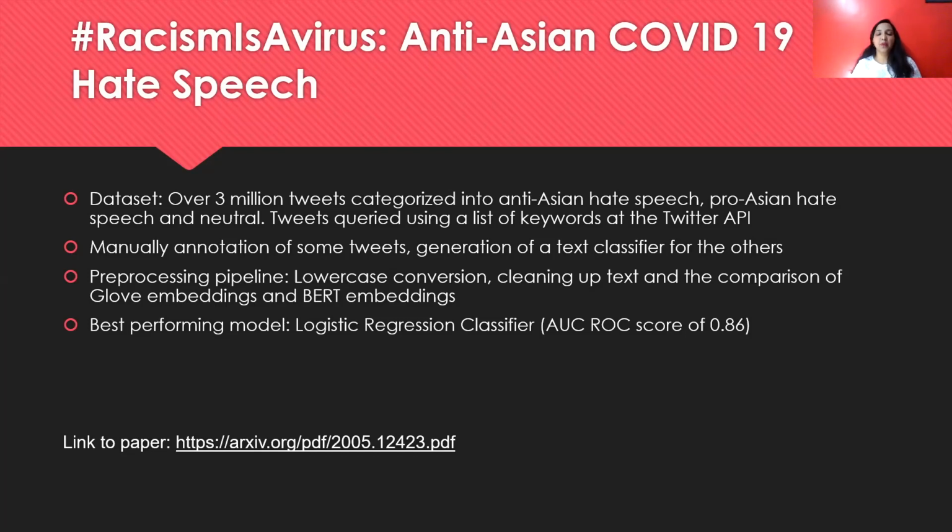And words that are random, like maybe cat, dog, sky, whatever, these words would be further apart. So there are different kinds of embeddings generated by different models, and GloVe embeddings and BERT embeddings are two examples of this. And they found that BERT embeddings suit their problem statement better.